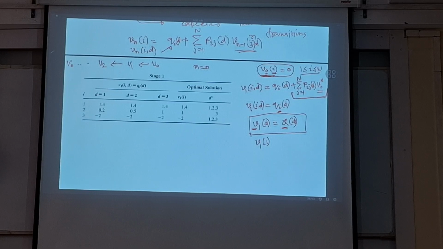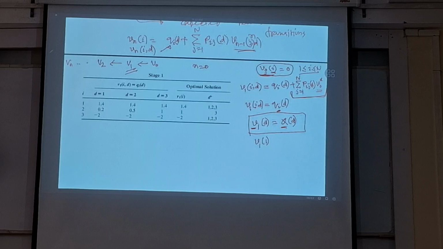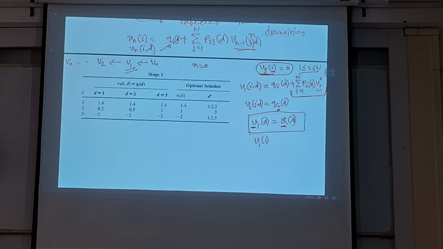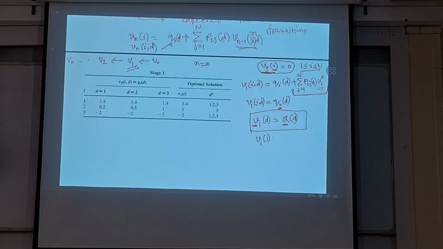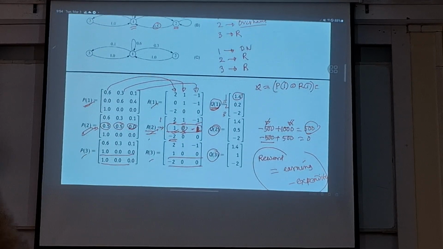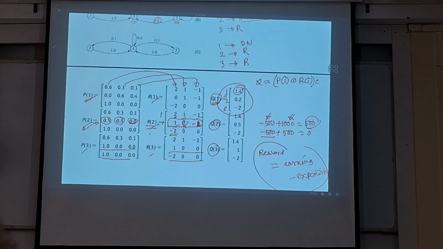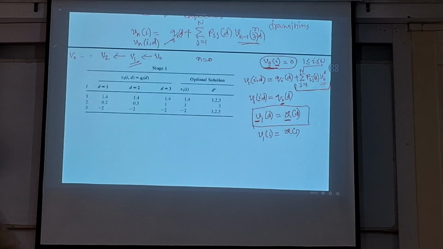V1 for state 1 in the first iteration, or here in the first stage, what will be the reward for policy 1? We write that this will be Q1. What is Q1? 1.4, 0.2 minus.